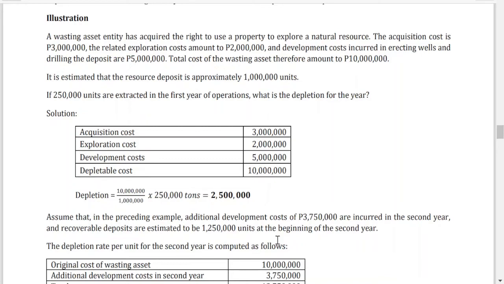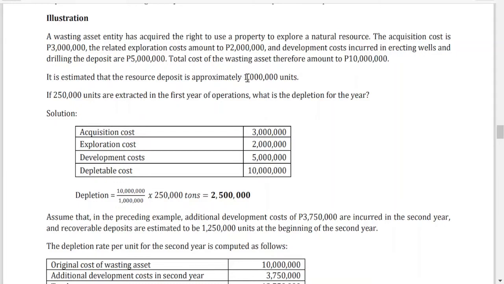Assume that in the preceding example, additional development costs of 3,750,000 are incurred in the second year, and the recoverable deposits are estimated to be 1,250,000 units at the beginning of the second year. So this time, the cost of the wasting asset is increased by 3,750,000.